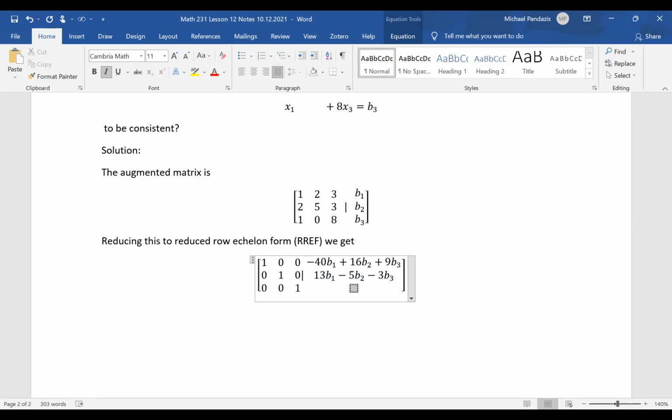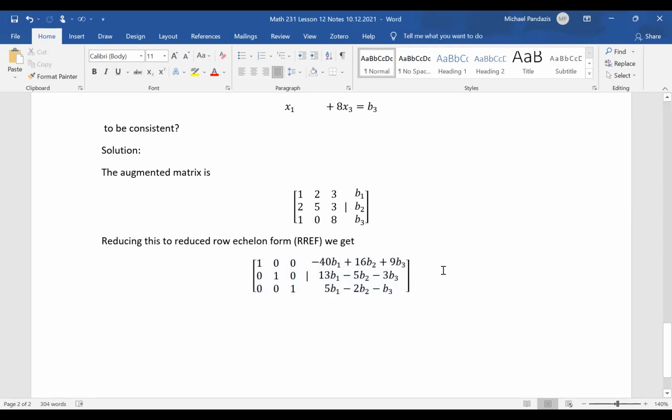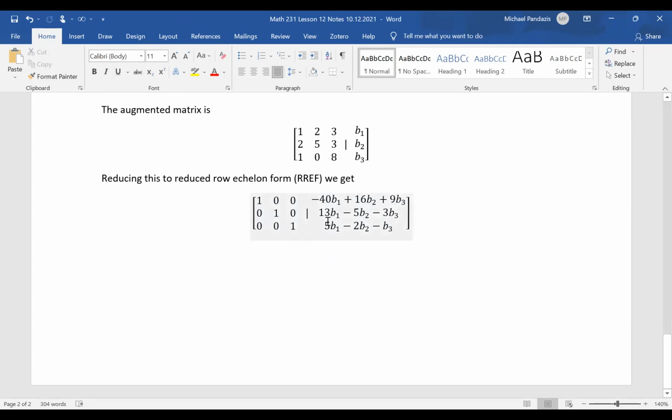And here we have 5 b1 minus 2 b2 minus b3. Okay, so now that's in reduced echelon form.